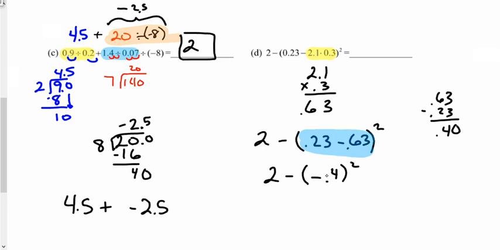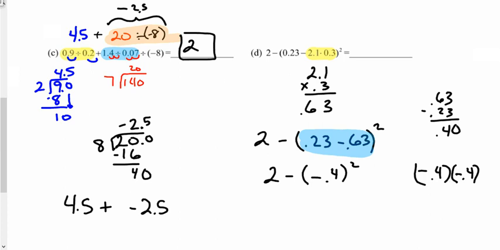Next, I don't have anything else to group inside the parentheses. So now I actually have to square it. Think about what it means to square this. Even though we haven't really done this, negative 0.4 squared does mean to multiply it by itself. So that just means negative 0.4 times negative 0.4. And of course, we know that a negative times a negative results in a positive.